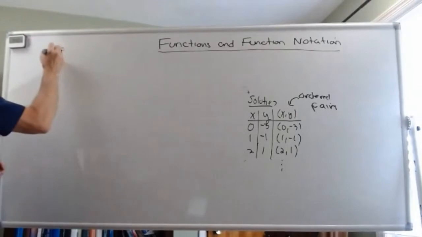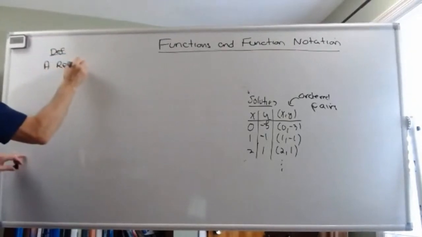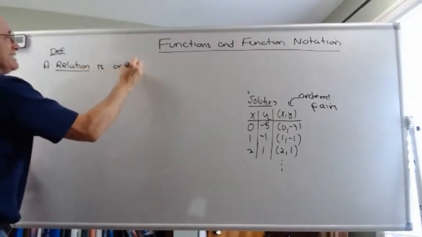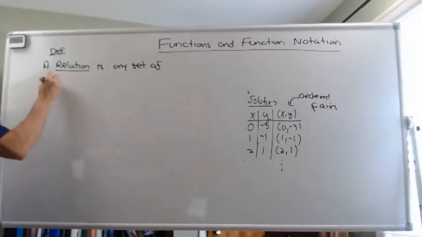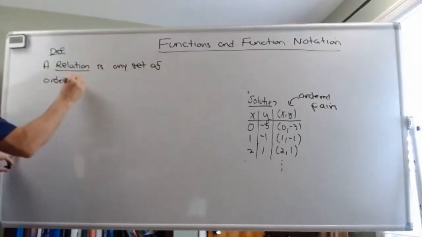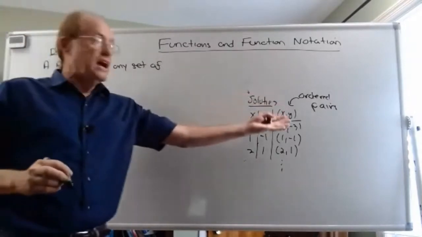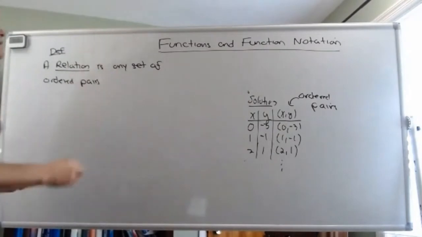It's a very basic definition. A relation is any set of ordered pairs. Now, there could be a finite number of them, or there could be an infinite number of them.